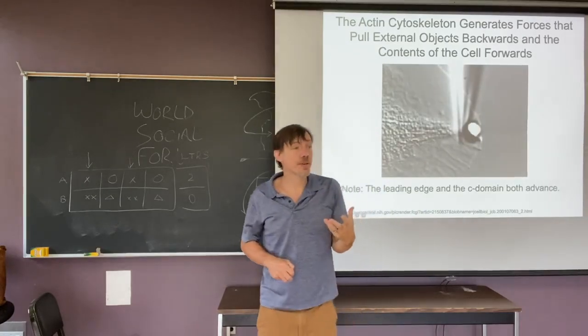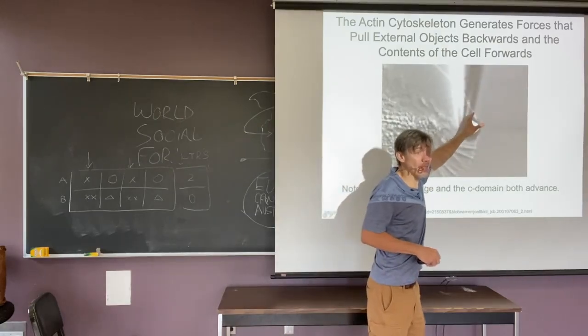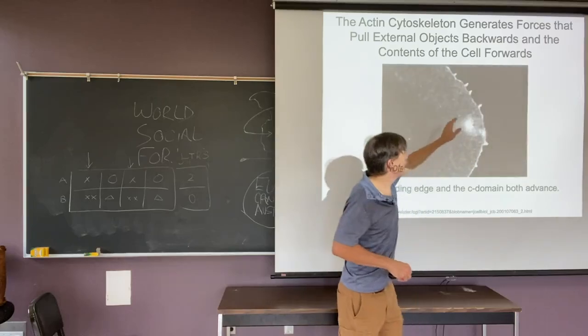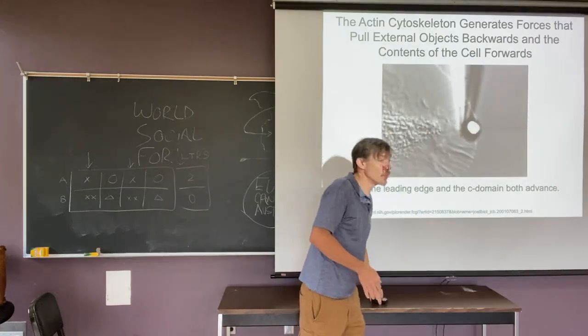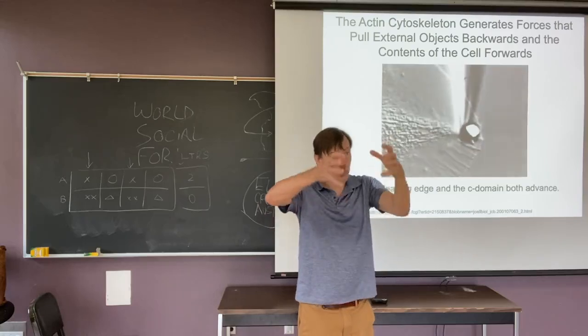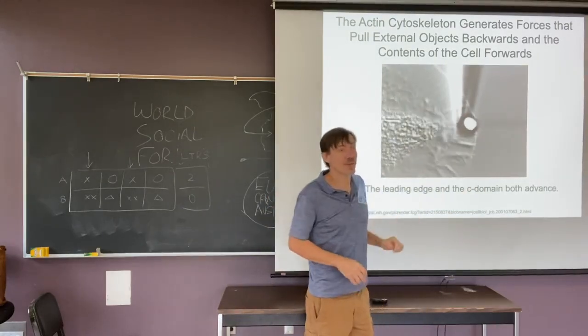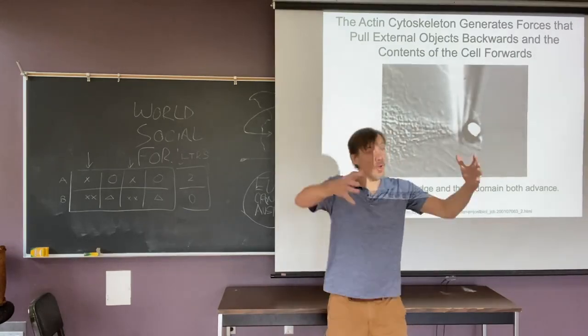And in this particular case, a bead that is coated with a cell adhesion molecule is placed on the growth cone, and then a pipette is being used to hold it in place. You can imagine that normally if you would put a bead on the growth cone, it would just be pulled back into the C domain of the growth cone. But here, this is a large bead.